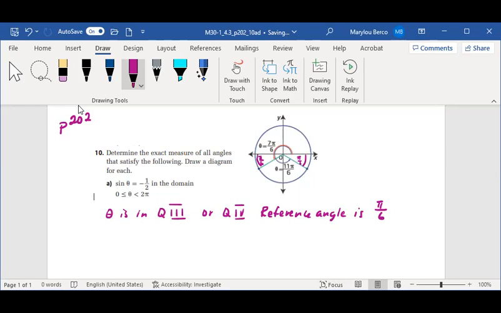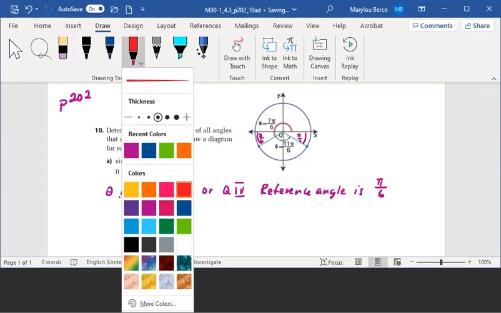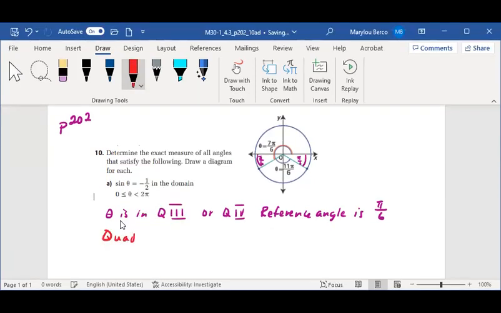Okay, now if we take a look in quadrant 3, that will be in the red. Theta is equal to, now here is 0, pi over 2, pi, 3 pi over 2, and 2 pi.